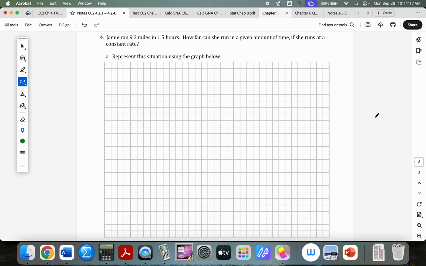All right, so Jamie ran 9.3 miles in 1.5 hours. How far can she run in a given amount of time if she runs at a constant rate?